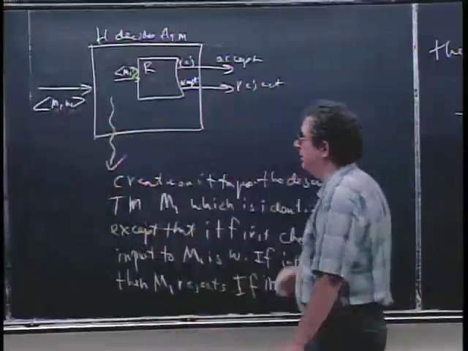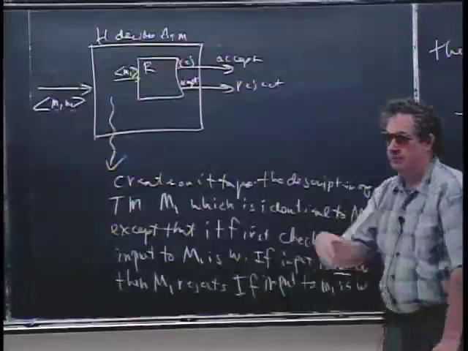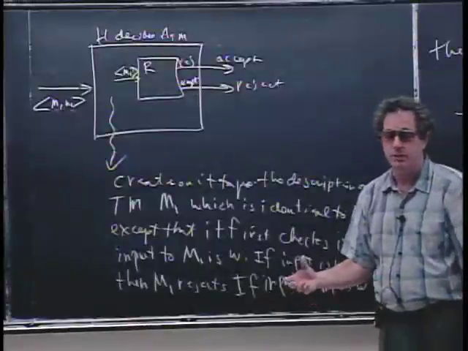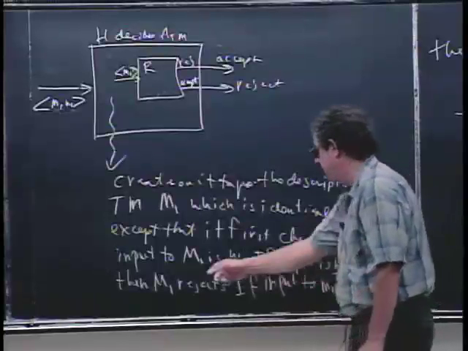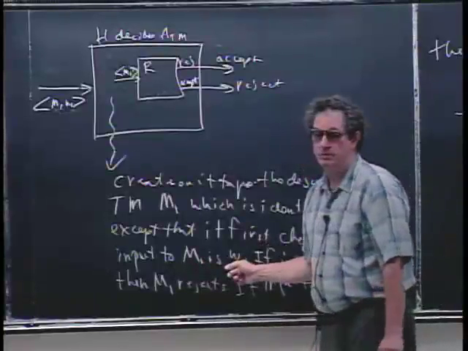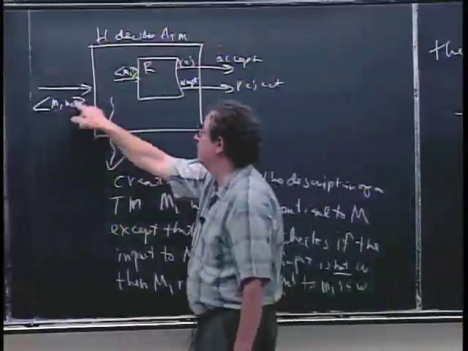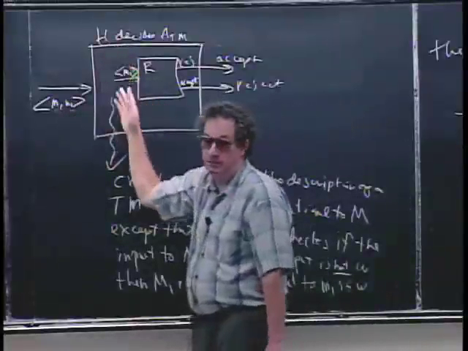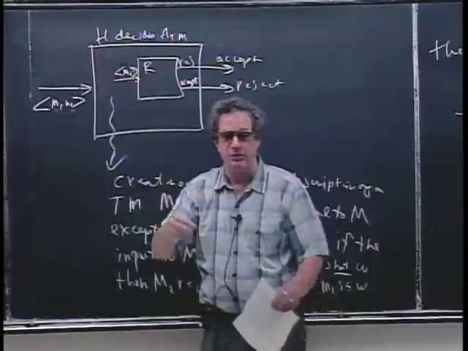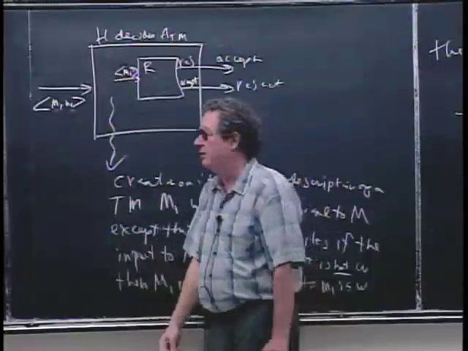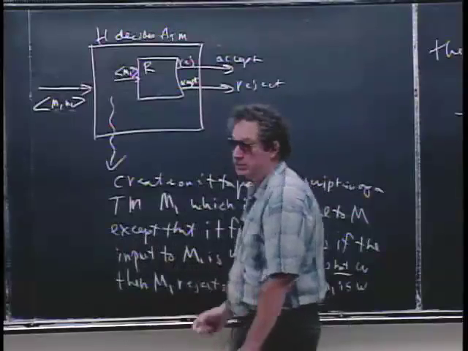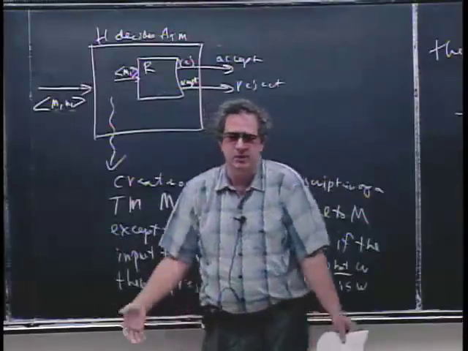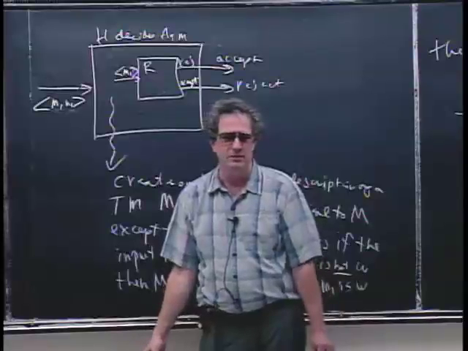But in front of what M does, before M begins its work, M1 has to check first that the input is the specific W. Well, H sees what the specific W is, so H creates this description of a Turing machine that can just look at the input and decide whether or not it's that specific W. Well, we know how to do that even with a finite state machine.